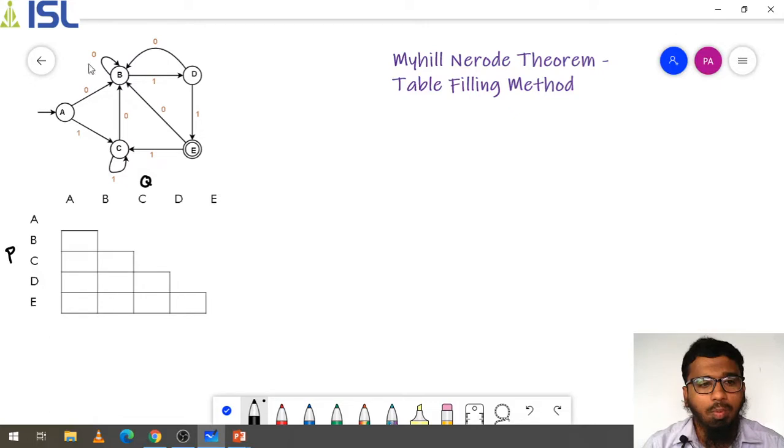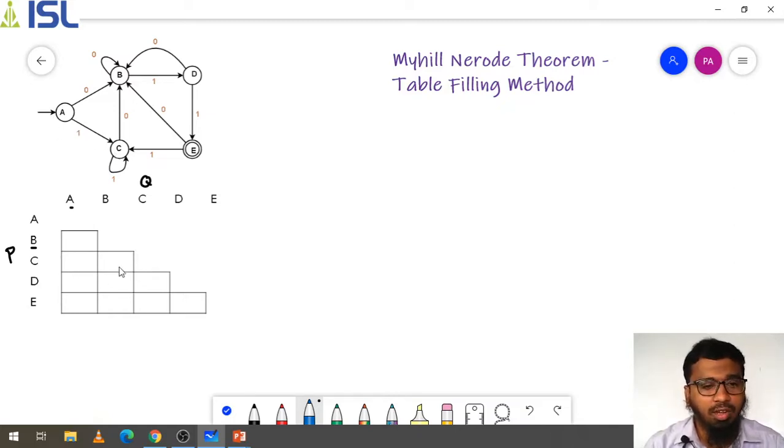A comma B: B is a normal state and A is also a normal state. Both are not final, so no need to mark. A and C: both are not final states, so there is no final state here.